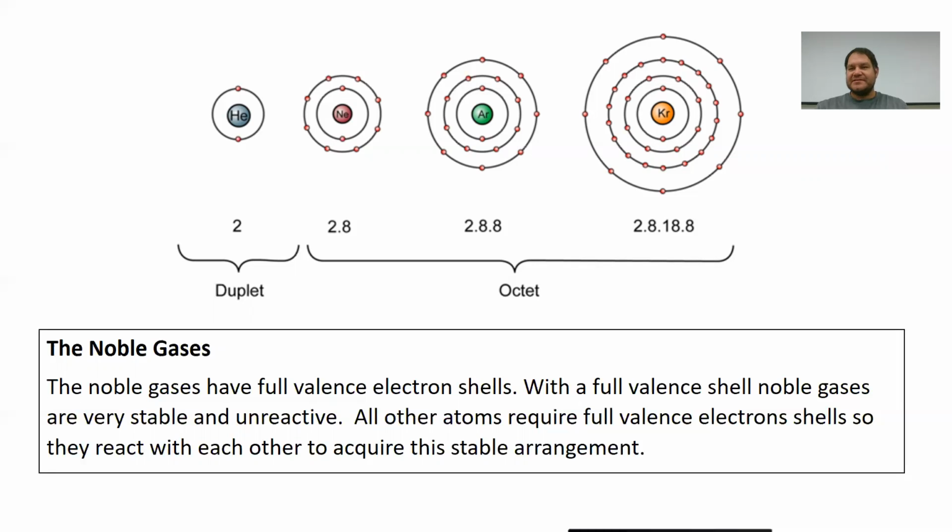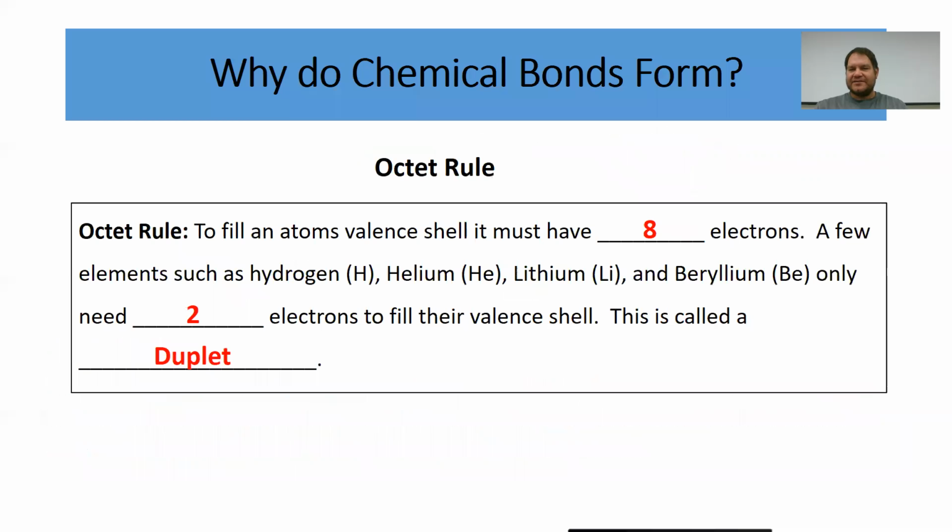In some cases it's 2, like helium, which can fill its valence shell with only 2 electrons. So what we have is essentially called the octet rule, okay? And the octet rule basically states that in order for atoms to have full valence shells, they must have 8 electrons in that shell. So again, the magical number is 8.